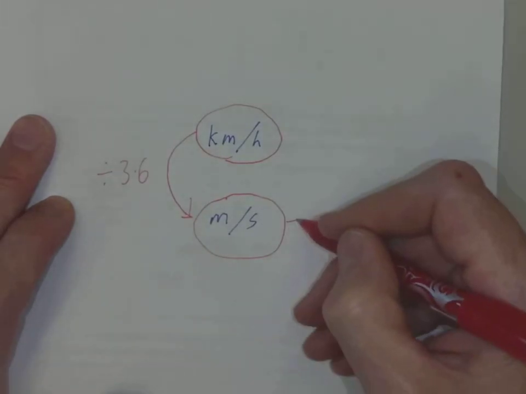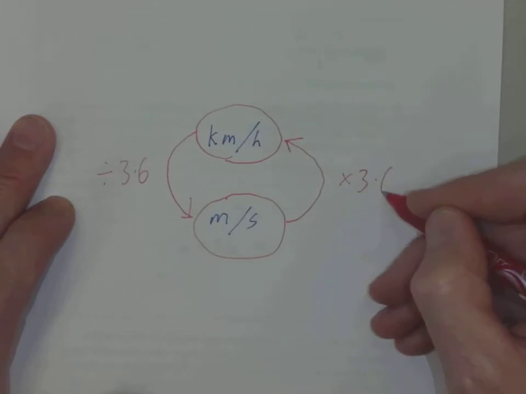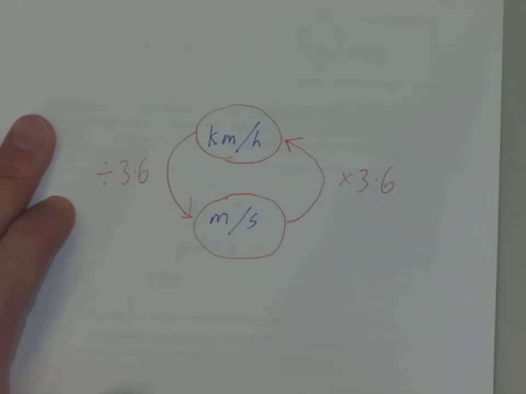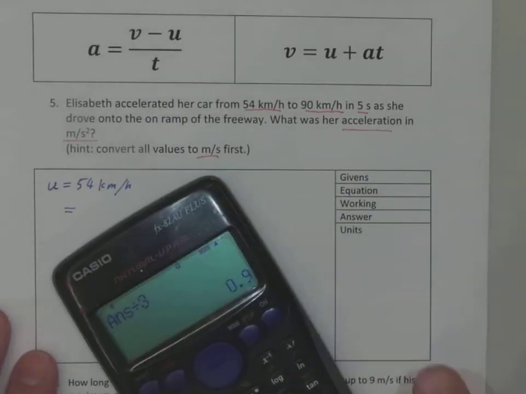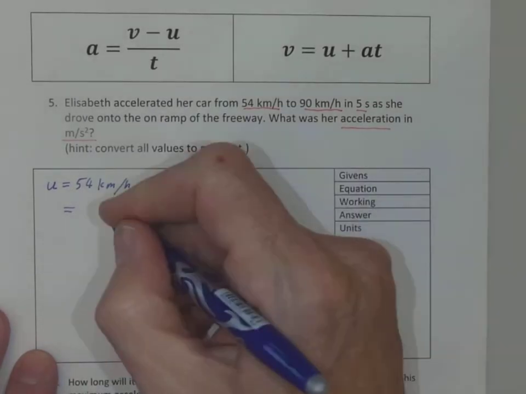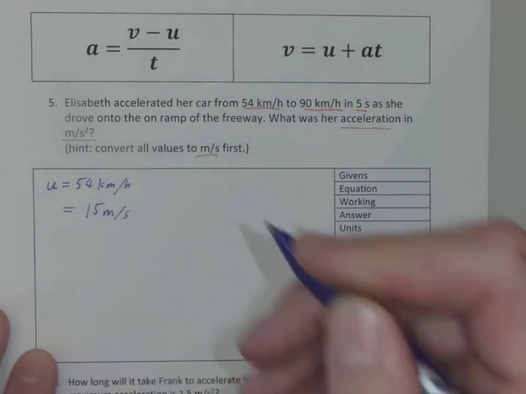If I'm going from meters per second to kilometres per hour, I times by 3.6. So I'm going to convert these from kilometres an hour to meters per second. So I say, right, okay, fantastic. 54 divided by 3.6 equals 15. How convenient. 15 meters per second.